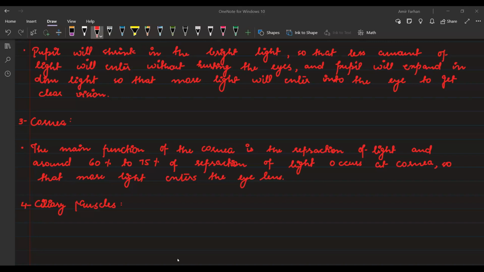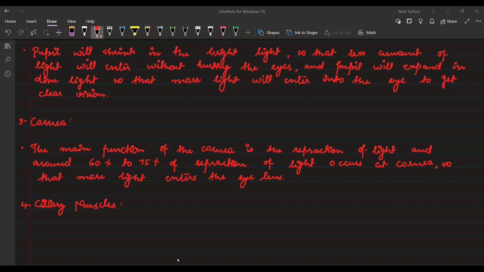So the main function of ciliary muscles is just to hold the lens. It holds the lens and changes the shape of the lens when you focus on the object.